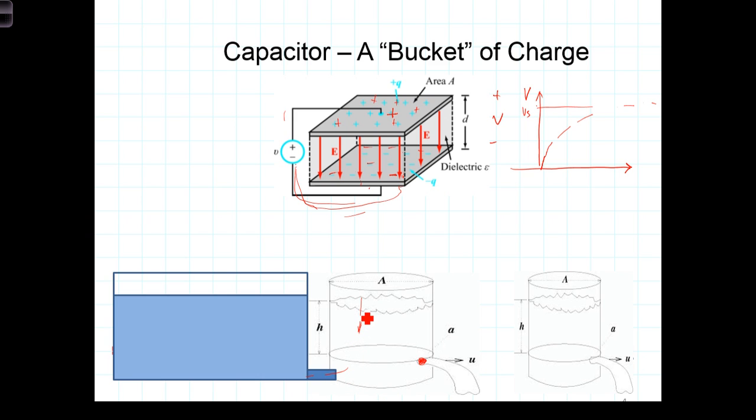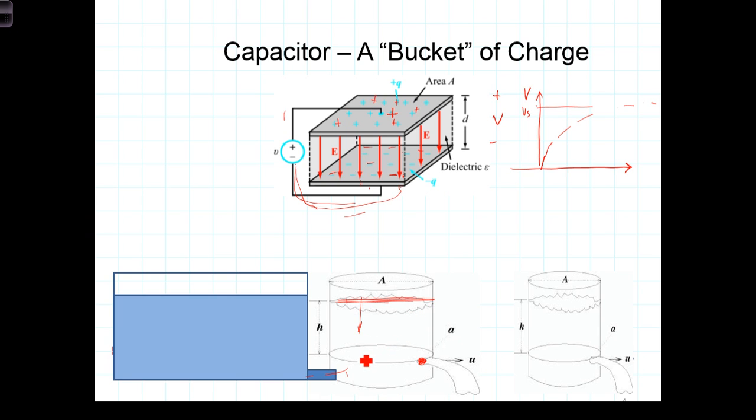As the water level continues to rise, the rate at which the water comes in becomes less and less until the water in the bucket has achieved the same water level as the water level in our infinite reservoir. And as you know, water seeks its own level and can go no higher. So once it gets to that point, it can go no higher. It started out filling very quickly and then filled more and more slowly until it stopped filling completely.